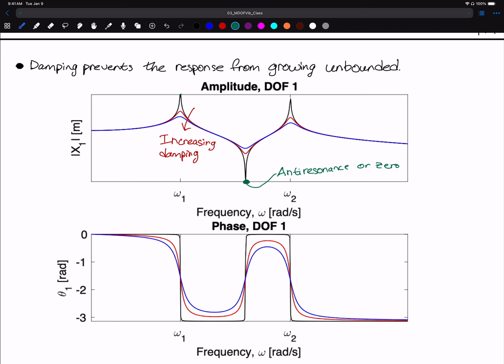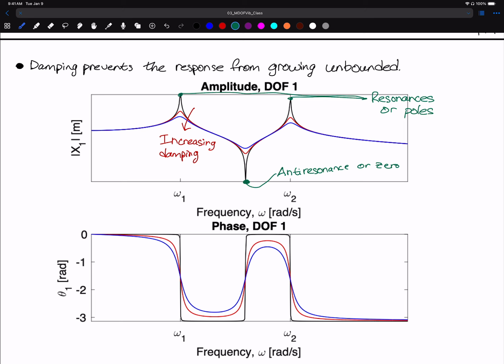These other two peaks, here and here, are known as the resonance peaks. Or we just say resonances, or they're also called poles when it comes to control theory. And we'll deal with what poles and zeros are later.